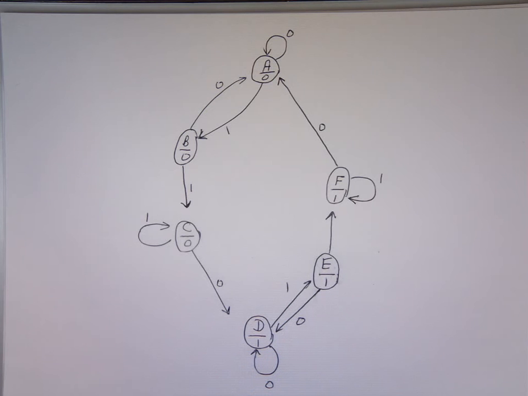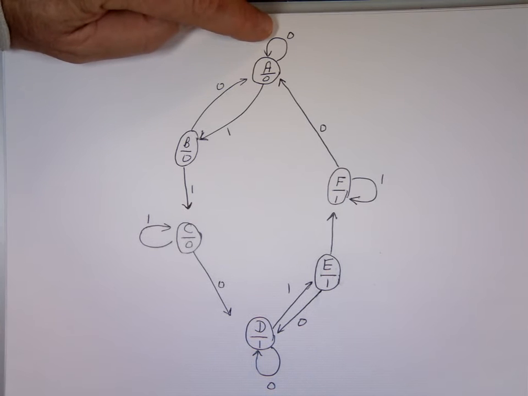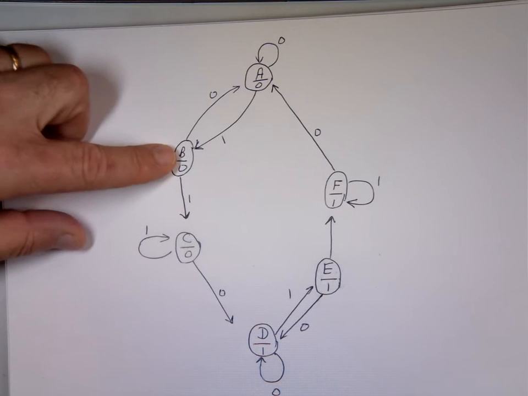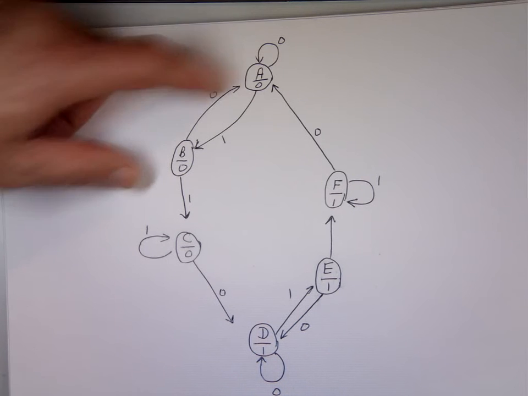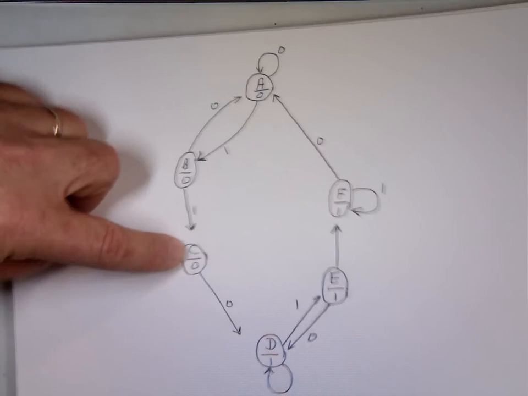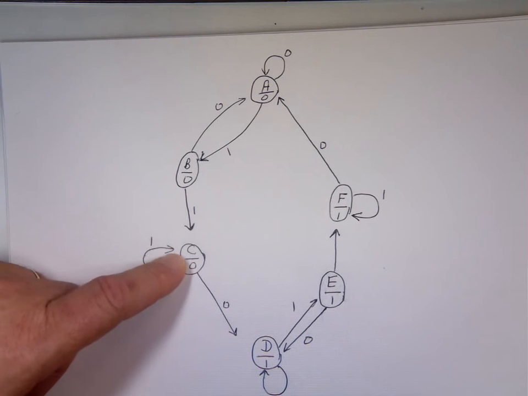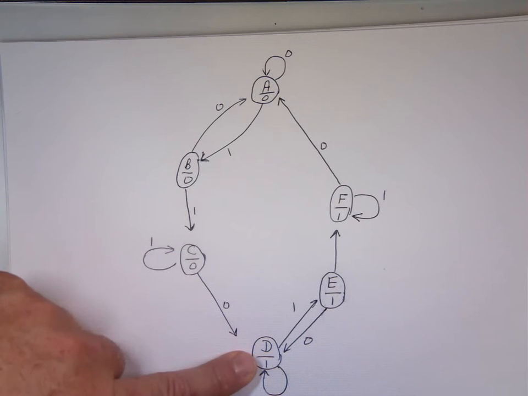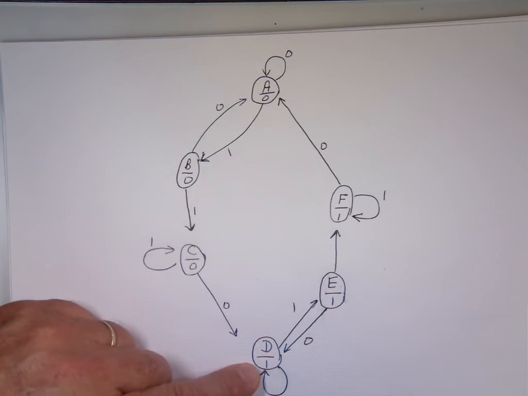So I'm giving you this problem. I said, design a circuit such that if you're in state A and you put a 0, you stay there. But if you put a 1, you go to state B. If you're in B and you put a 0, you go back to A and you get nothing. But if you put a 1, you go to C and you get nothing. If you're here and you put a 1, you stay there. You put a 0, you go to this one. Now you get an output here because you're at this state. If you put nothing here, you get another output.